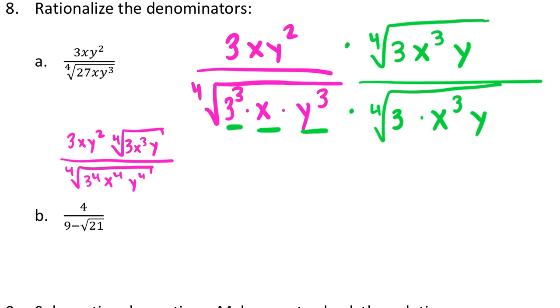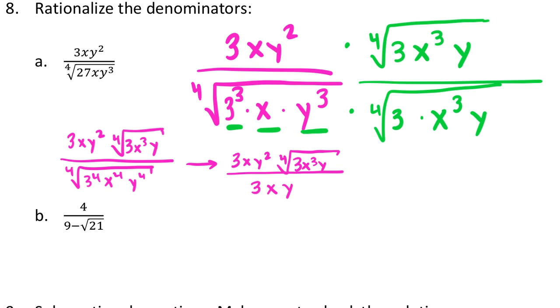Okay. From here, I'm going to do my fourth root, x cubed y, and in my denominator, I'm going to reduce that fourth root. I have the fourth root of 3 to the 4th is 3. The fourth root of x to the 4th is x, and the fourth root of y to the 4th is y.